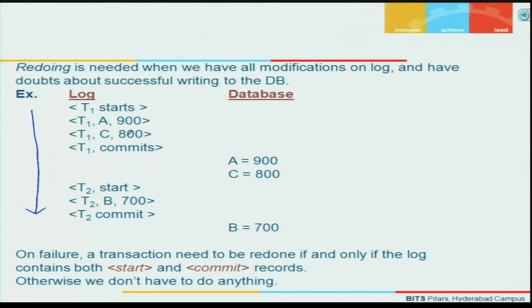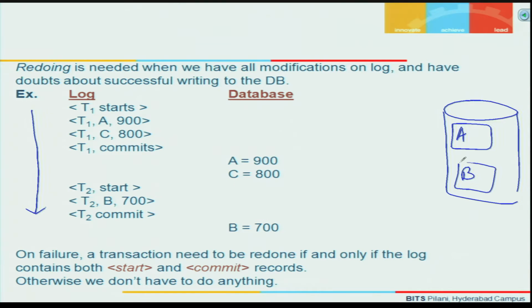Okay, let us assume this is the database, and these are the data items A, B and C, and the original value of the data item A is 600, B is 100, and C is 200. There are two transactions.